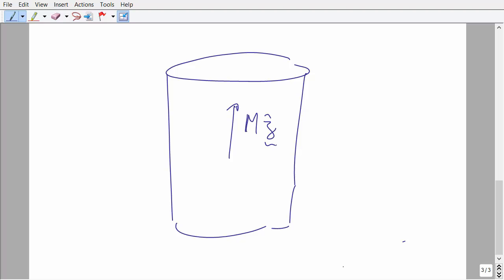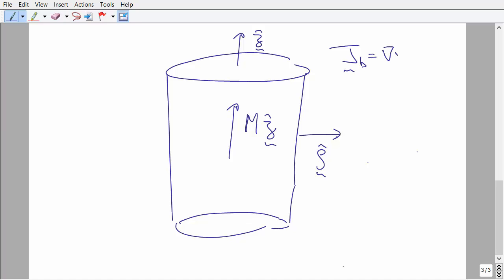So constant magnetization, and we could ask what are the surface bound currents and the volume bound currents in the system. Well, if we look at the surface normals, the surface normal here on this surface is in the z hat direction, and the surface normal on this part of the cylinder, all around the cylinder, is in the rho hat direction.